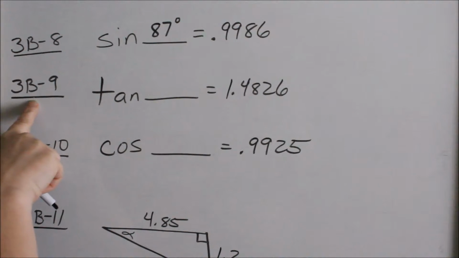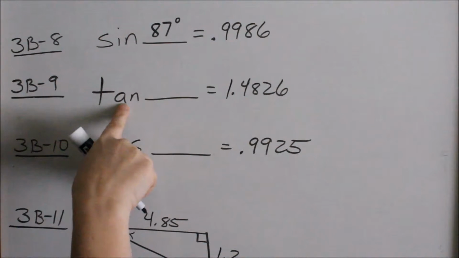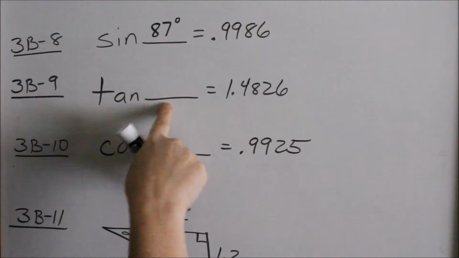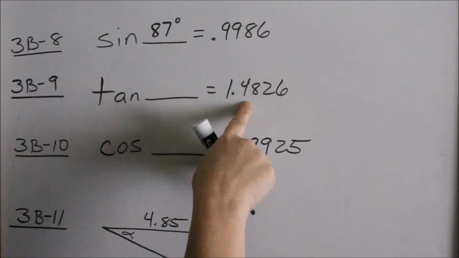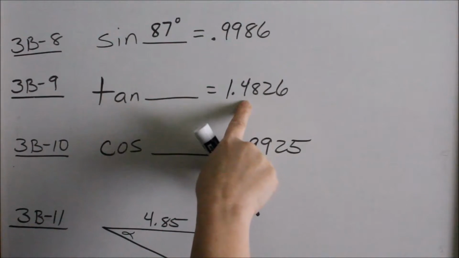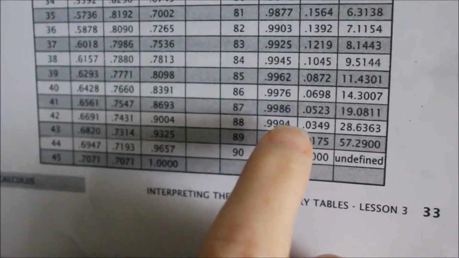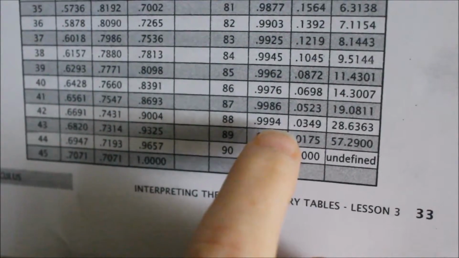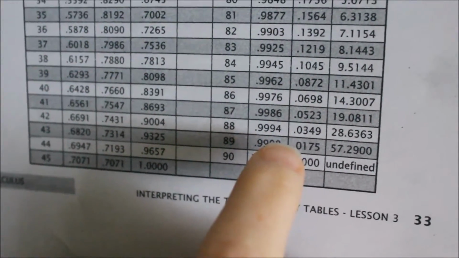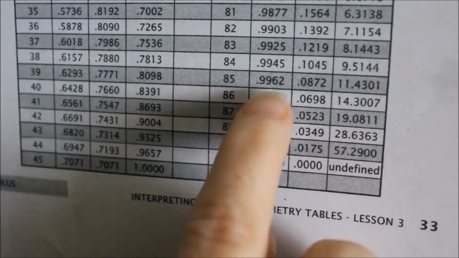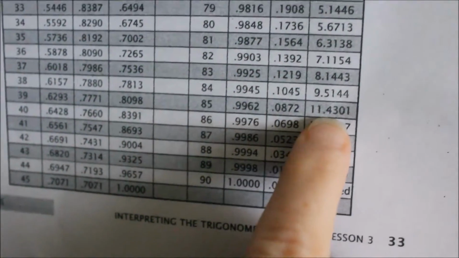Okay, now let's look at 3B9. We're wanting tangent of some angle. We're finding the degrees here, equals 1.4826. So we can look up the 1.4826 on our trig tables. Okay, in 3B9, we're looking for the tangent, and we are given the decimal of 1.4826. So we go into the tangent column. Remember, it's sine, cosine, tangent.